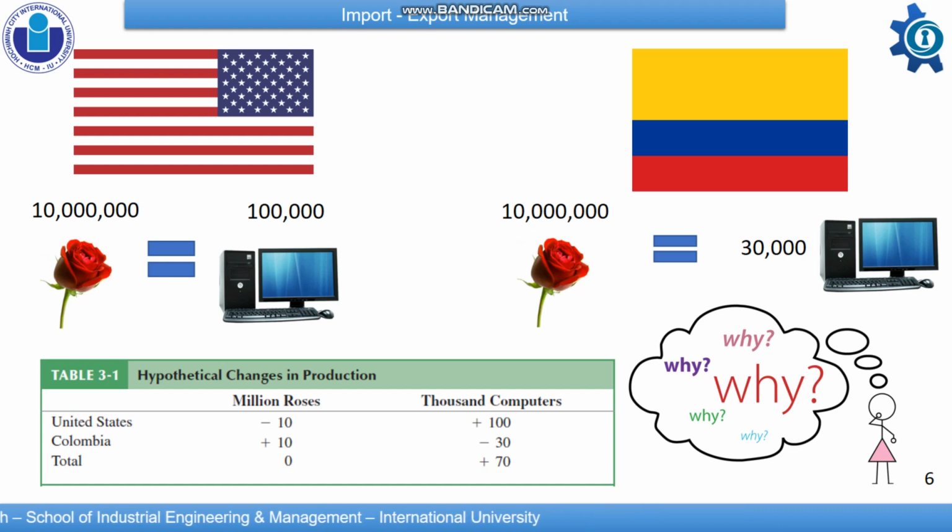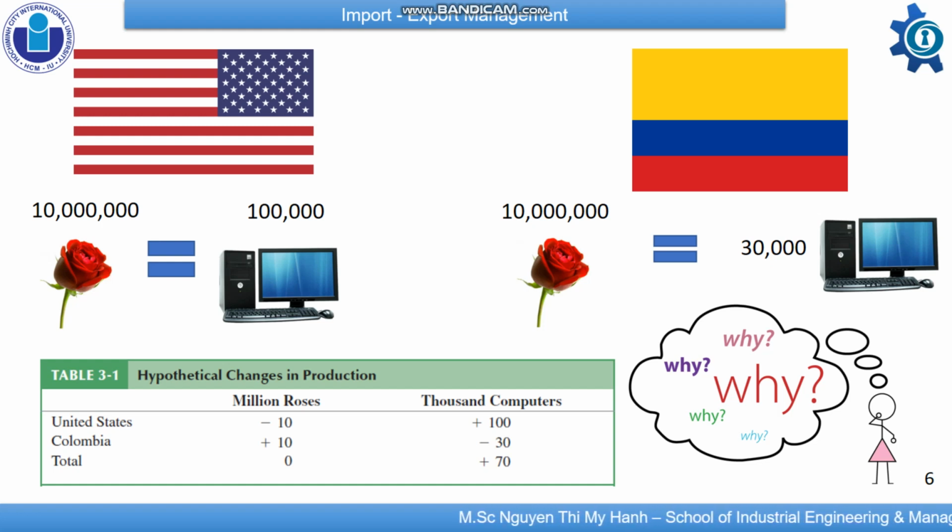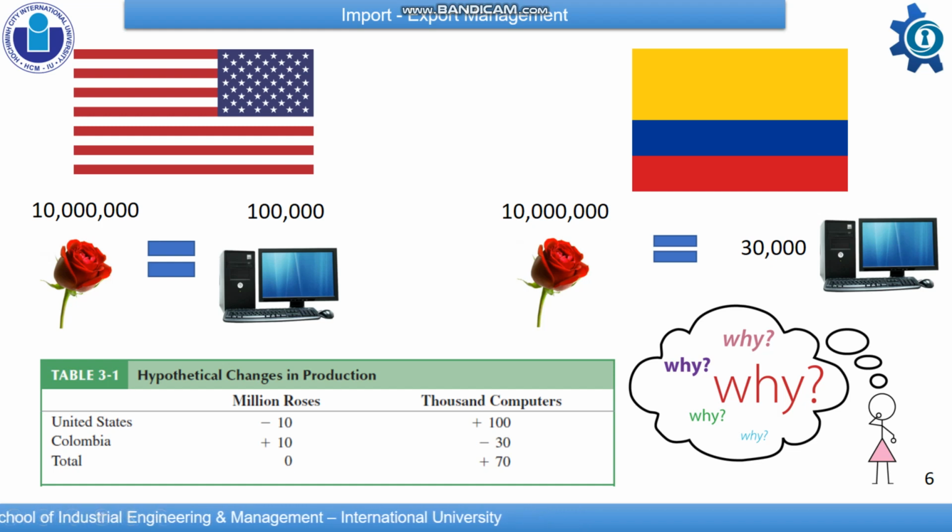So what they are thinking is, the US just focuses on producing computers, and Colombia takes care of 10 million roses, then they will buy the roses from Colombia. So let's look at this table.